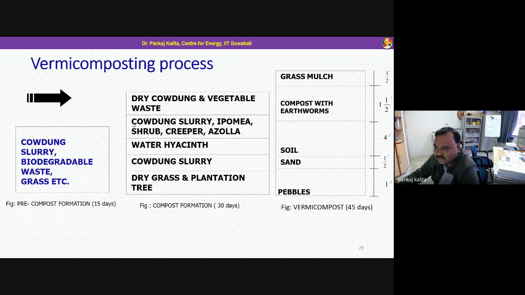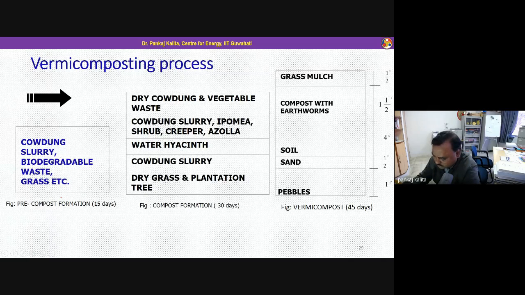In the vermicomposting process, pre-composting takes about 15 days, composting takes about 30 days, and vermicomposting takes about 45 days. So you can see their configurations and how it works: cow dung, slurry, biodegradable waste, and then grass are placed in the pre-compost pit.